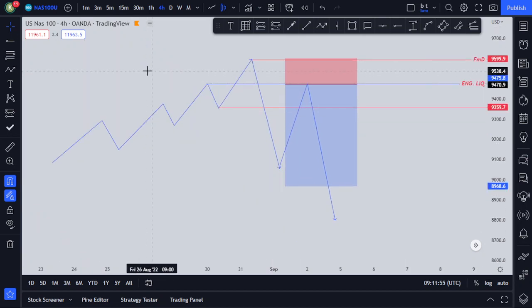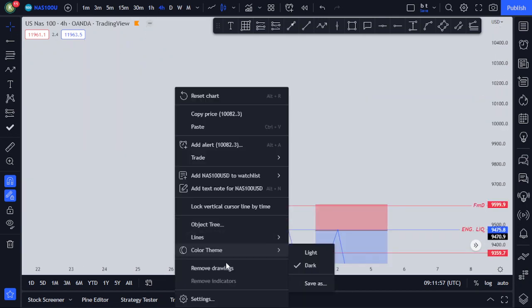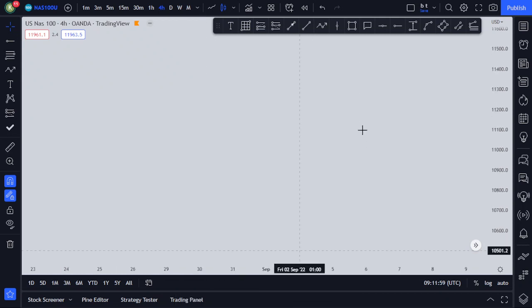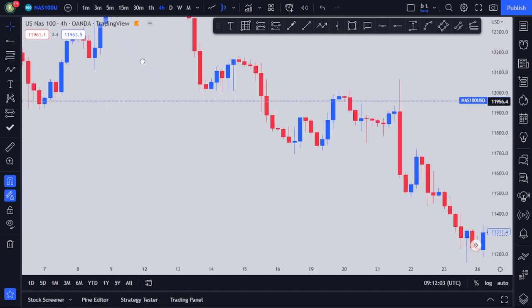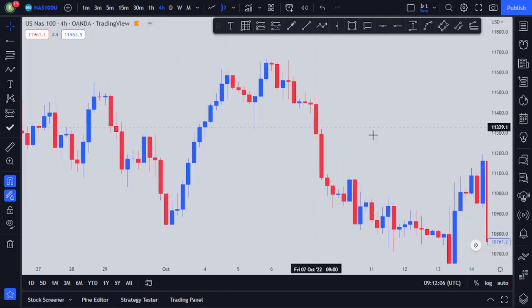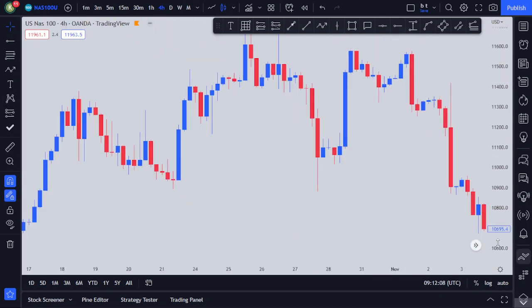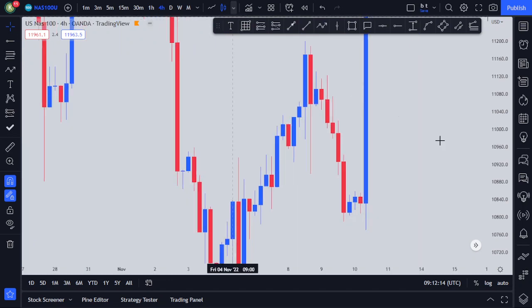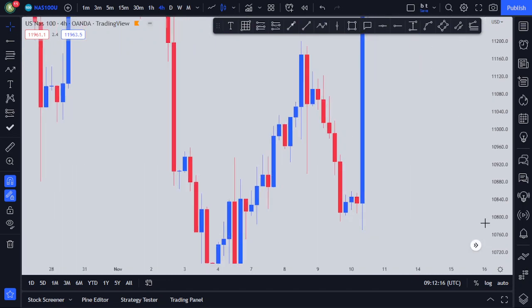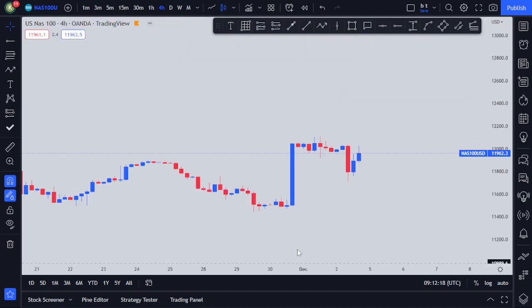Let's go for examples on the charts before we move on to bullish.